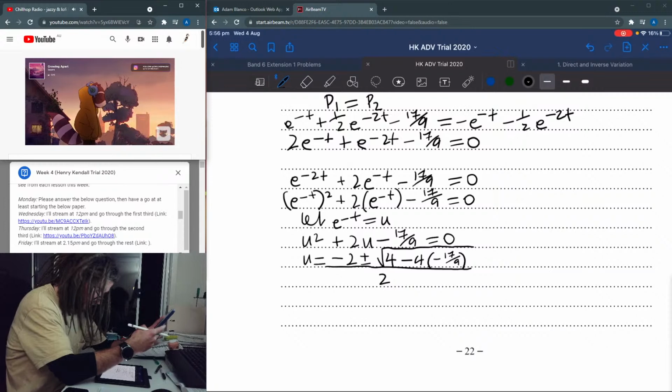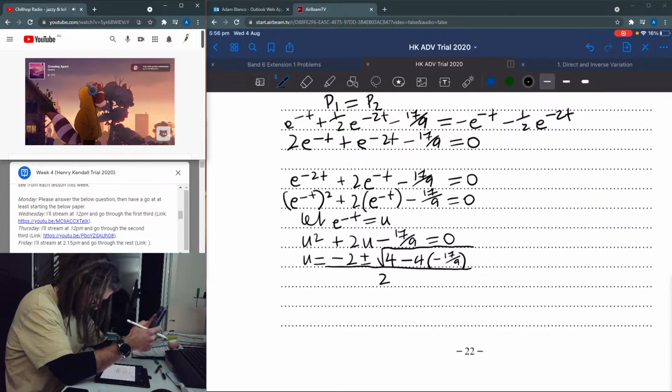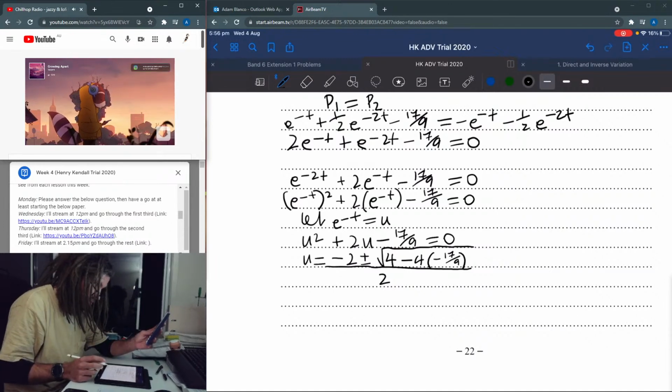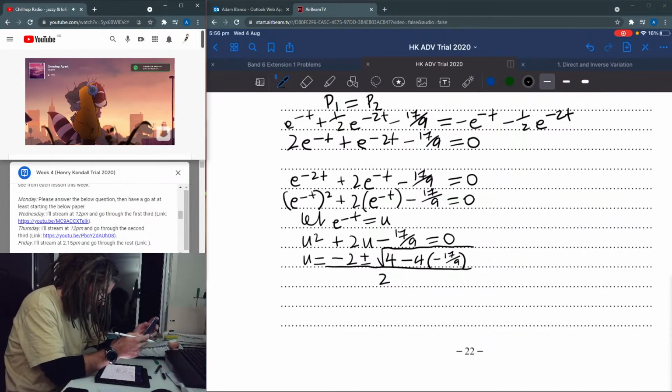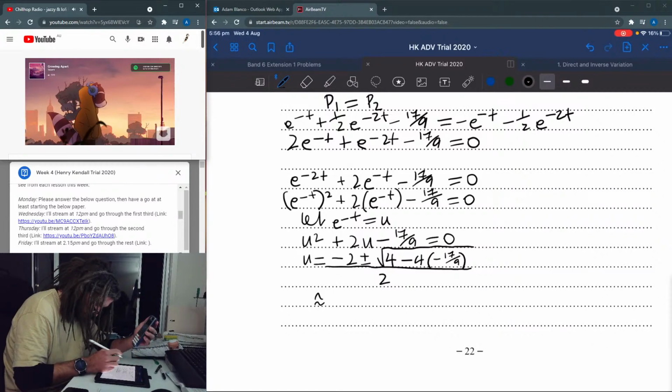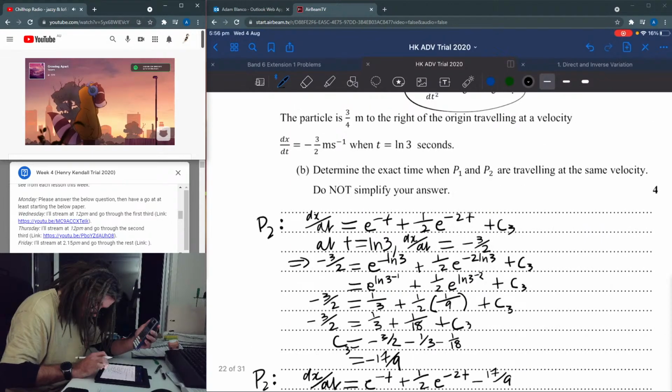Into my calculator. Minus 2 plus the square root of 4 minus 4 outside of minus 17 on 9, on 2. What did that give me? What the hell? This calculator fully simplifies a surd. Happy with that. Okay, roundabout. Do these need to be exact? Do not simplify your answer.